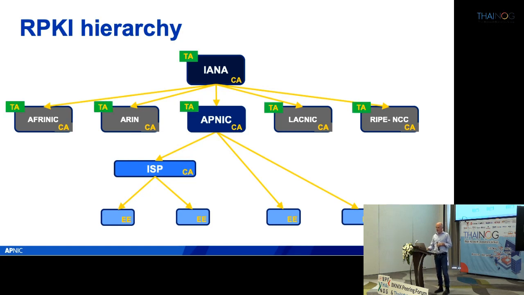Okay, I said this is the theoretical model. The practical model is a little different because instead of having a pure hierarchy, we've got a situation at the moment where, instead of one trust anchor at the top, there is a provision for multiple trust anchors. That's just the way it happens to have evolved.